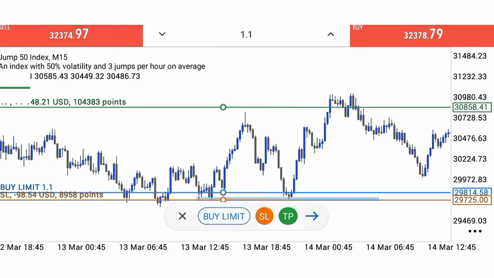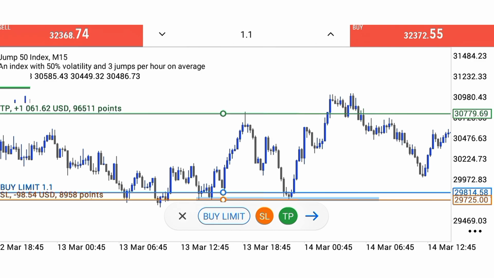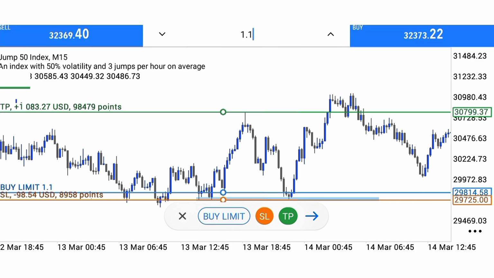Take profit target here. If we traded with $100, we'll be making $1,000, bro. This is not even up to $1 of risk, but we are making $1,000 for this trade using a very small risk like this.